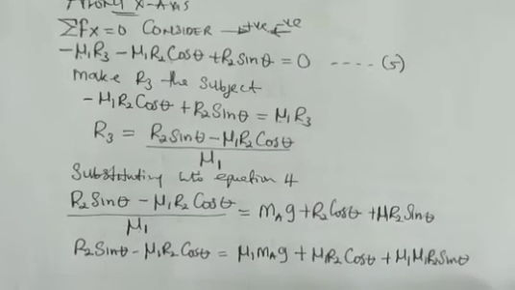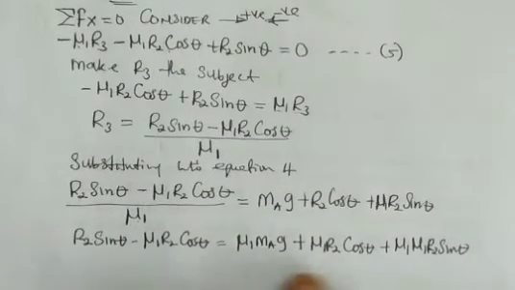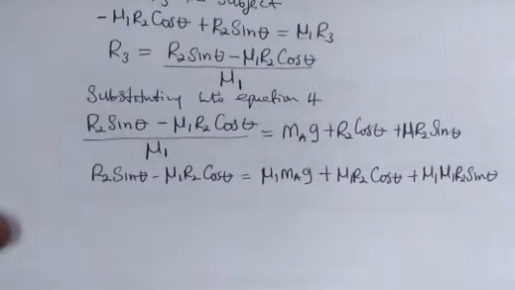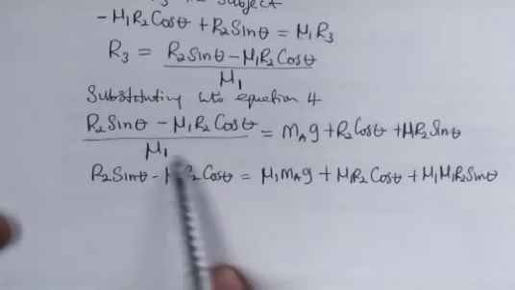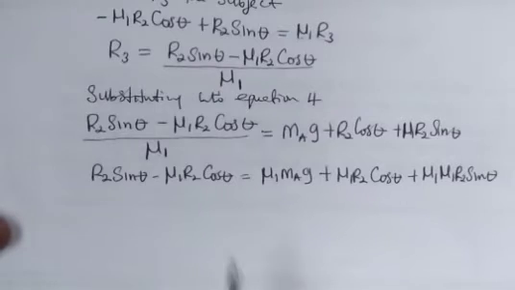So in doing that, this is what we have here. So now you collect like terms from this given equation.